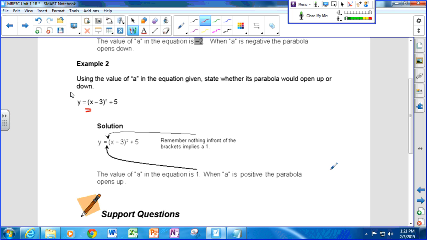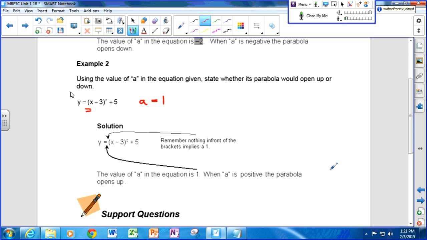So whenever we see something like that, we assume that it's 1 times whatever's in parentheses. So in this case, our a value is equal to 1. Since it's positive, the parabola is going to open up.